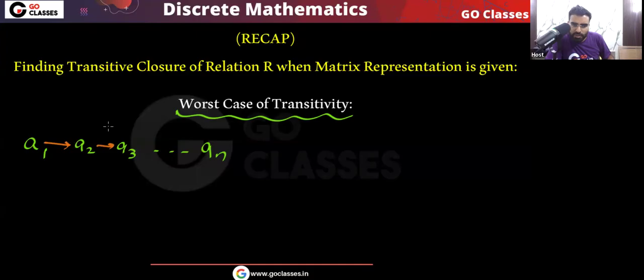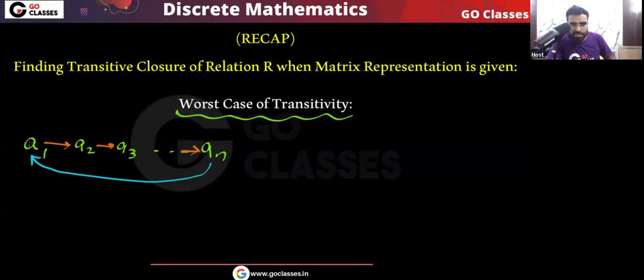a1 related to a2, a2 related to a3 and so on, like this. Now you will be thinking that this is the worst case of transitivity, if you have n elements in the base set. But no, no, no. The worst case of transitivity is like this, a1 to a1.